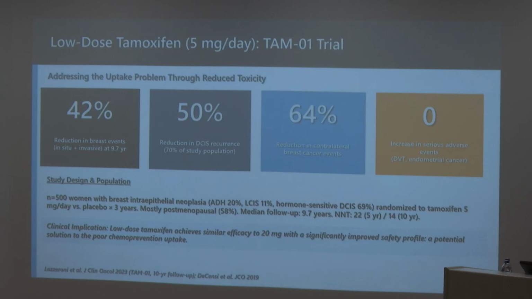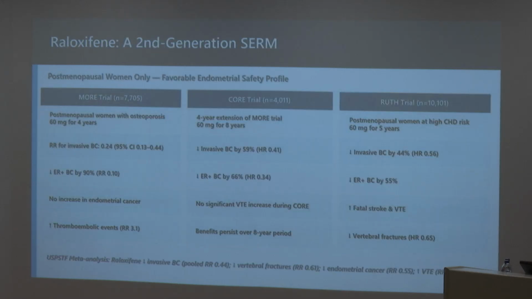But interestingly, or expectedly, the complication rate is nil. That is 0. So this is why now we can consider using low-dose tamoxifen, which is in our protocol. Then in those patients with lobular carcinoma in situ or atypical ductal hyperplasia, even with the hormone-sensitive DCIS patients, this is one of the options that you can use safely.